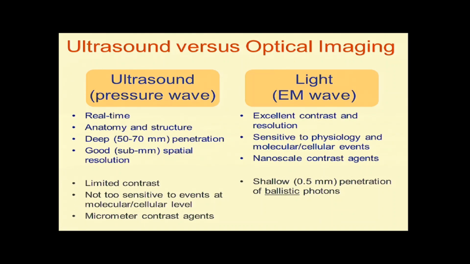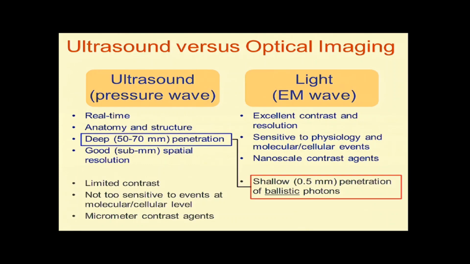I see sensitivity to physiology and molecular cellular events. I see nanoscale contrast agents. Dyes would be a simple example. They are very small molecules. The problem with imaging with light is very shallow penetration of ballistic photons, and therefore you cannot image events at sufficient depths. Right? However, if you look at those kind of side by side, you realize pros and cons are counteracted.